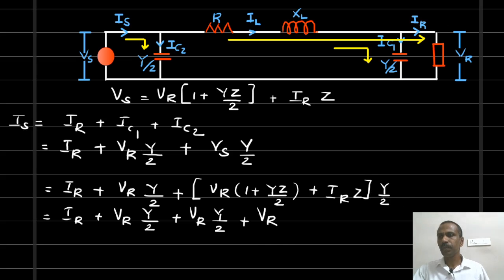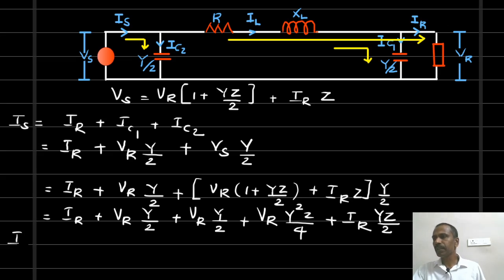plus VR into YZ by 2 into Y by 2. That is VR into Y square Z by 4 plus IR into YZ by 2.